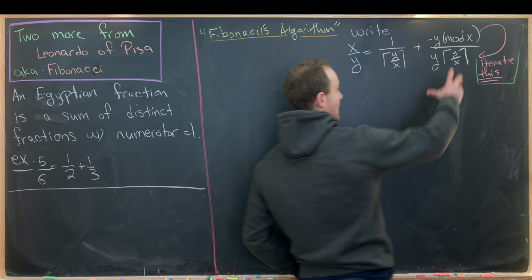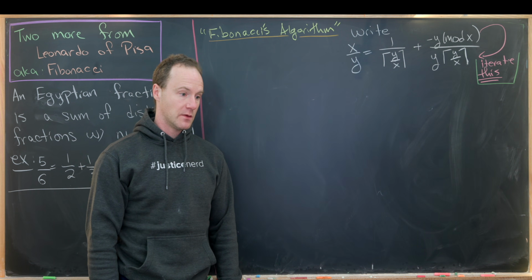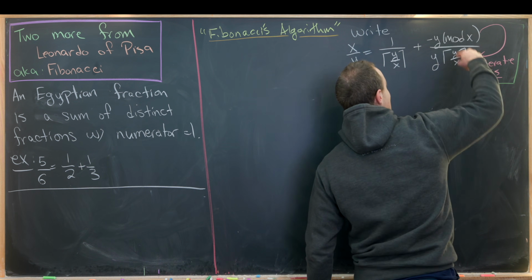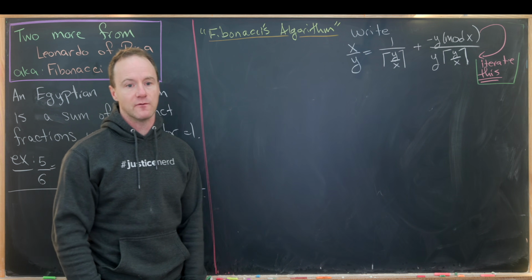This object will likely not have a numerator of 1 unless you're at the end of the process. So you need to iterate this until everything comes out with a numerator of 1.